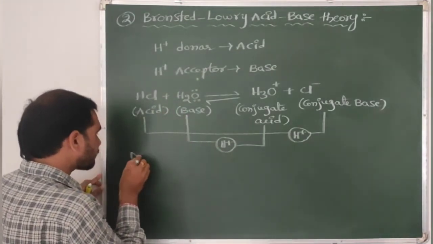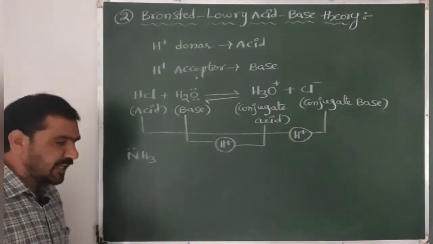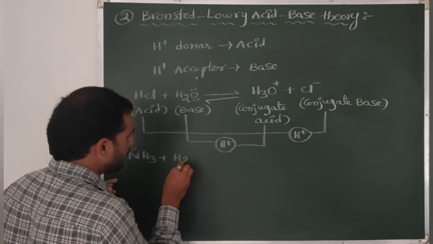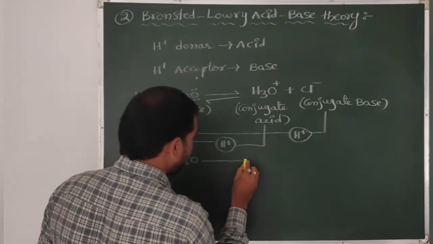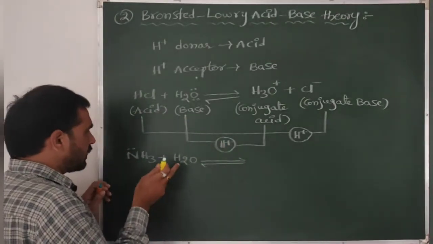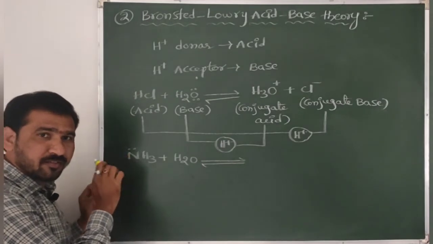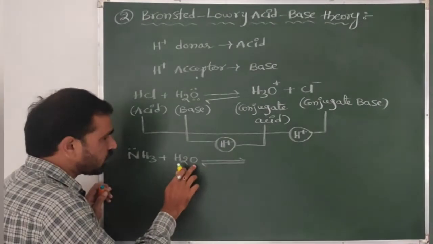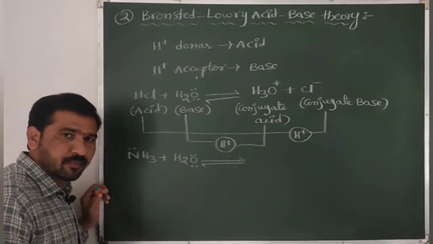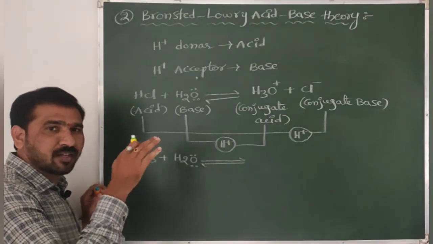Here NH3 is treated with H2O. In NH3 there is one lone pair of electrons, and in H2O the oxygen has 2 lone pairs of electrons. But oxygen is a more electronegative atom than nitrogen.